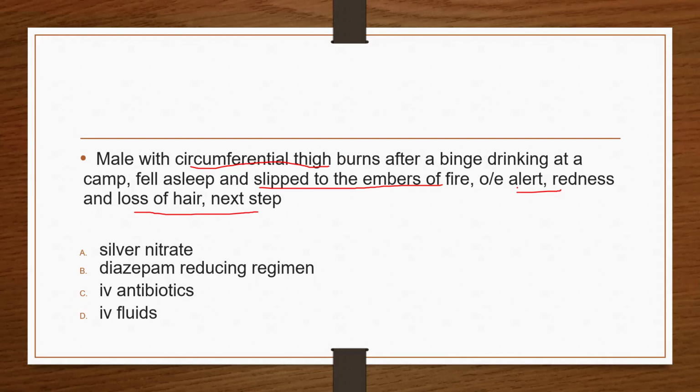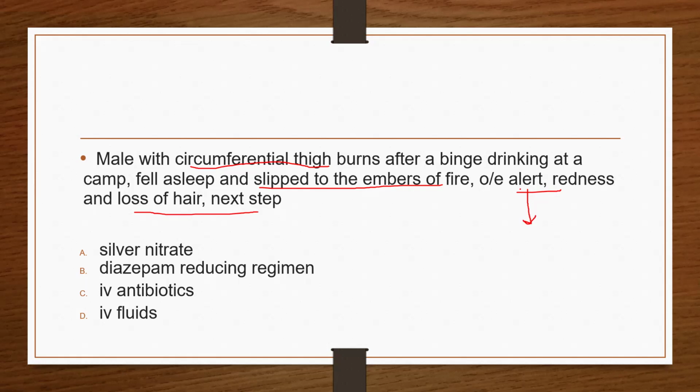Now, what is the important clue here? Yes, very good, Dr. Zadnab. Alert is a very important thing. Why? Because if not, you have to establish airway. Airway establishment becomes key. Alert means he can maintain his own airway.